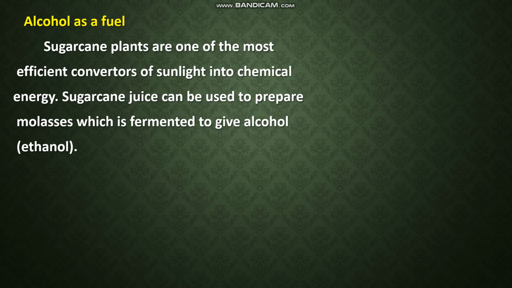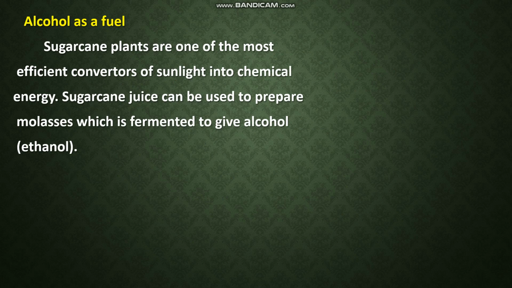So you know how sugar is produced from sugarcane in the factory. First the juice is taken from the sugarcane, and there are many steps in the production of sugar from sugarcane. In one of the steps, the sugarcane juice is concentrated, thickened. A thick liquid is produced.